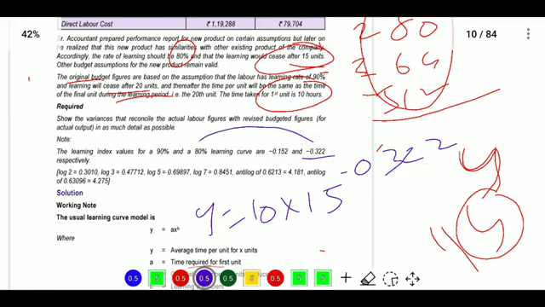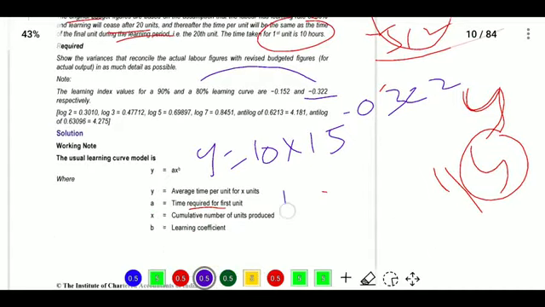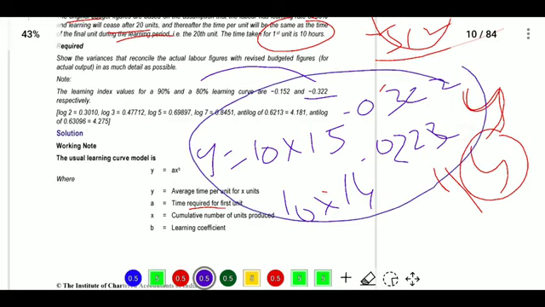Because we are calculating the 80% curve, and we want it up to the 14th also. For the 14th we will take 10 into 14 to the power of minus 0.322. So we will calculate both, from 15th to 1 we have the total time, and up to 14 we have one time.